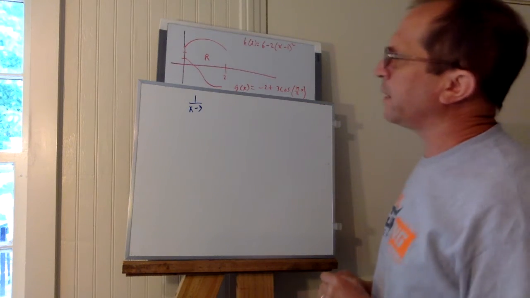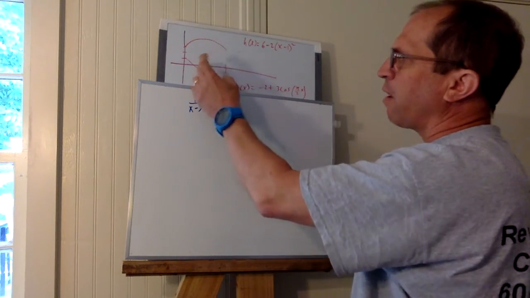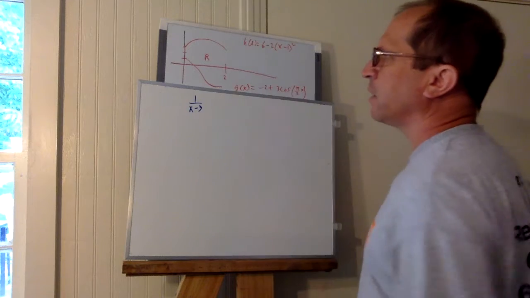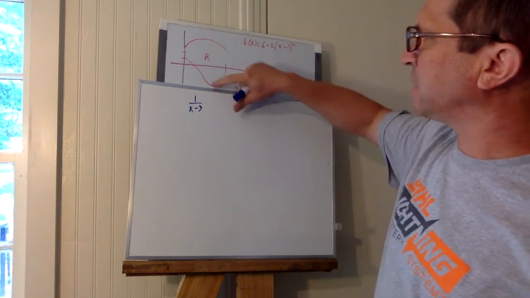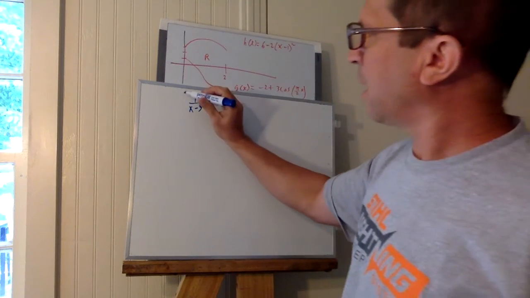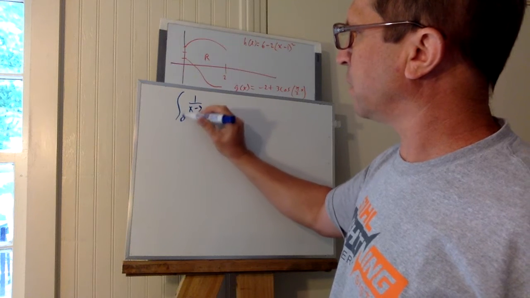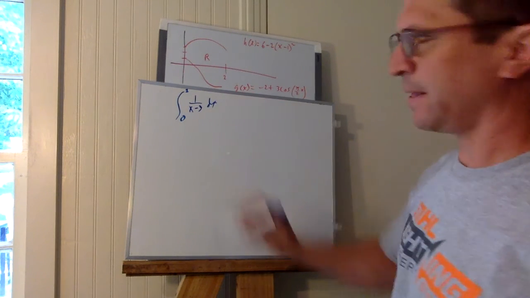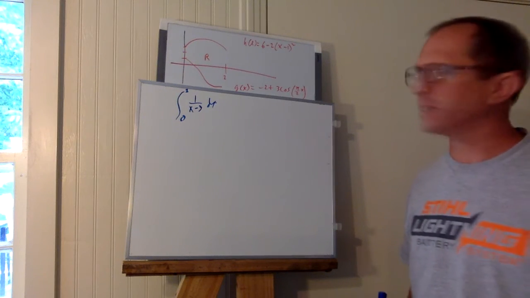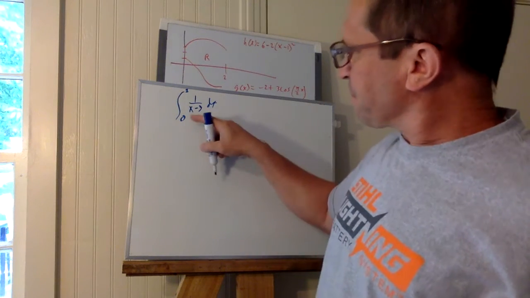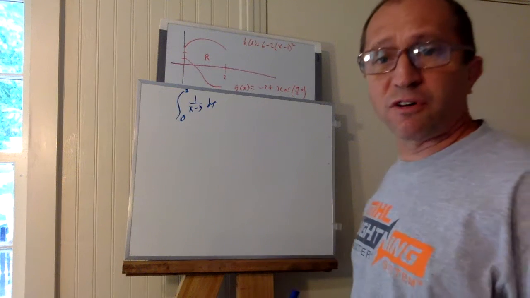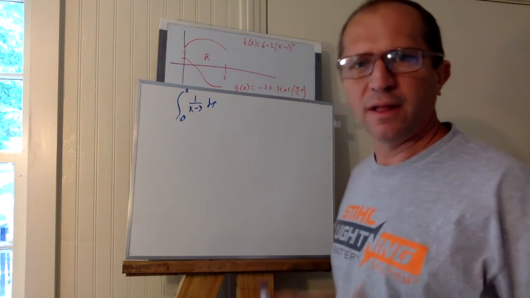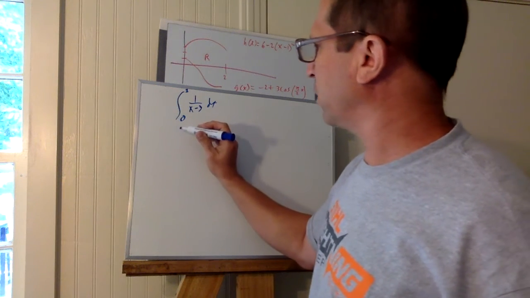So what are we doing when we're getting volume? We're adding up all of the areas. So we don't really need h of x minus g of x here. All we need to know is that we are going from 0 to 2 of 1 over x plus 3 dx. Well, if your denominator is to the first power, then a natural log will work here.